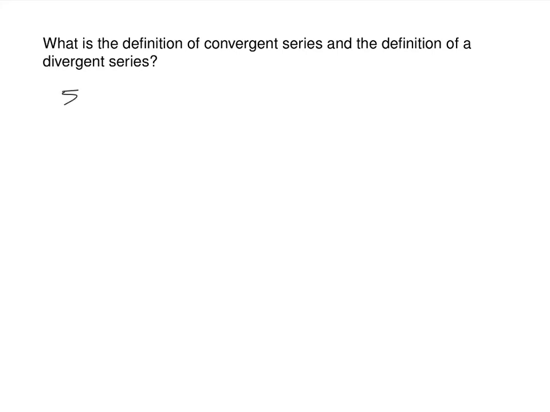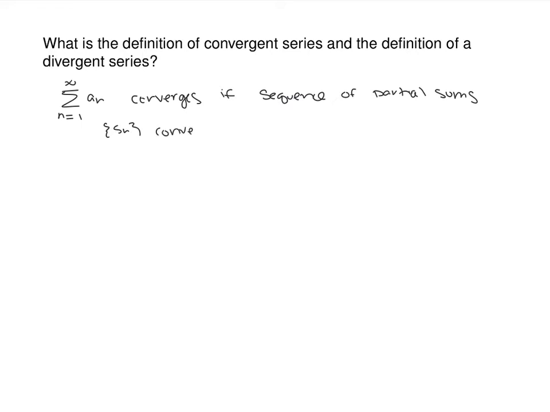So a series from n equals 1 to infinity of terms a_n will converge if the sequence of partial sums S sub n converges, and diverge if the sequence of partial sums S sub n diverges.